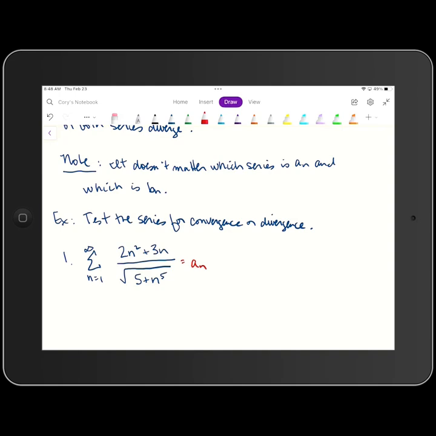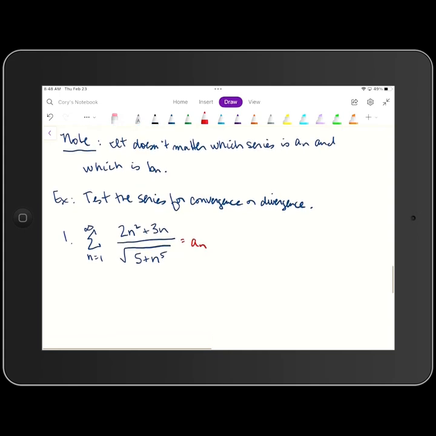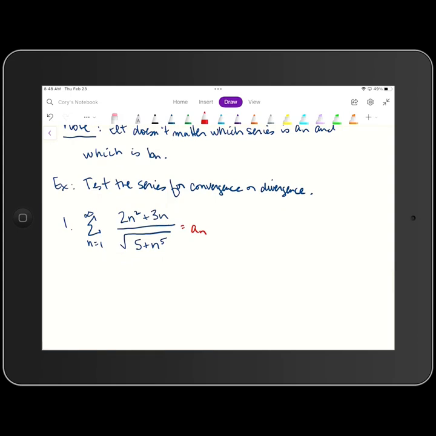So the way that we're going to make our selection for b sub n in this case is I want to look at what the end behavior is for the formula in our given series. So the end behavior for that formula is going to be dictated by the highest degree term in both the numerator and denominator. Okay, so the highest degree term up top is 2n squared.